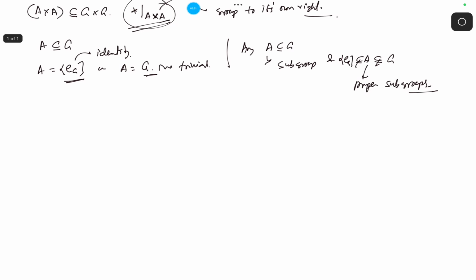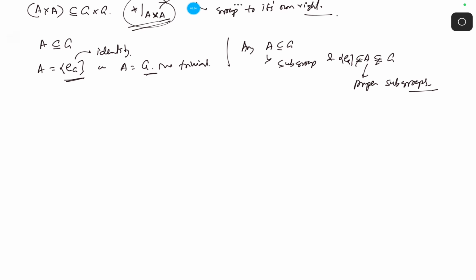Now let us see a proposition that characterizes the properties of a subgroup. Let G be a group and H a subset of G, and of course H is non-empty.